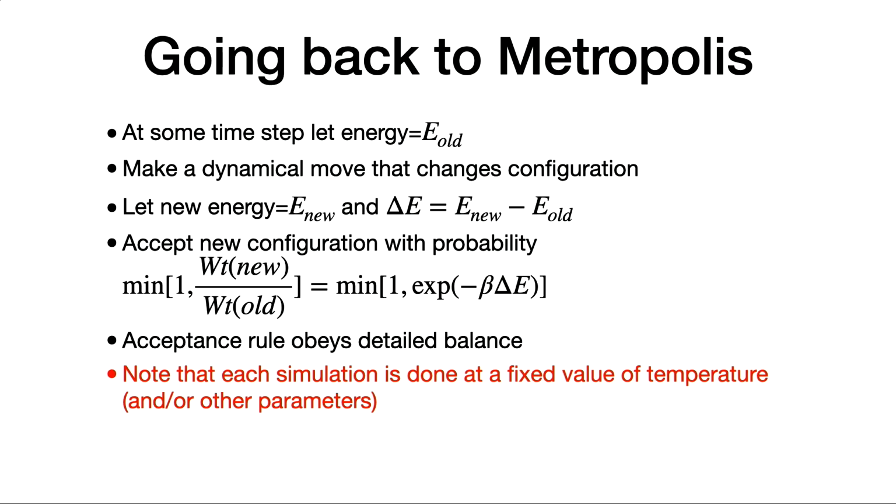You accept a new configuration with probability minimum of 1 comma the weight of new by weight of old, but we knew the weight of new was e to the power minus beta E new, and the weight of old is e to the minus beta E old. That gave us this expression. This acceptance rule obeys detailed balance. And one thing to remember is that each simulation is done at a fixed value of temperature. Temperature is fixed and you are running over a long time.